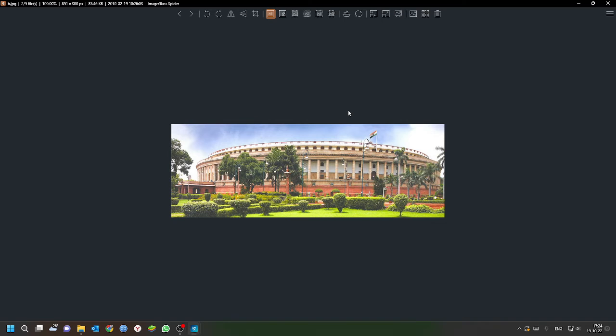Now in 2022, the winner, the president, is from the NDA party, which is the National Democratic Alliance Party.